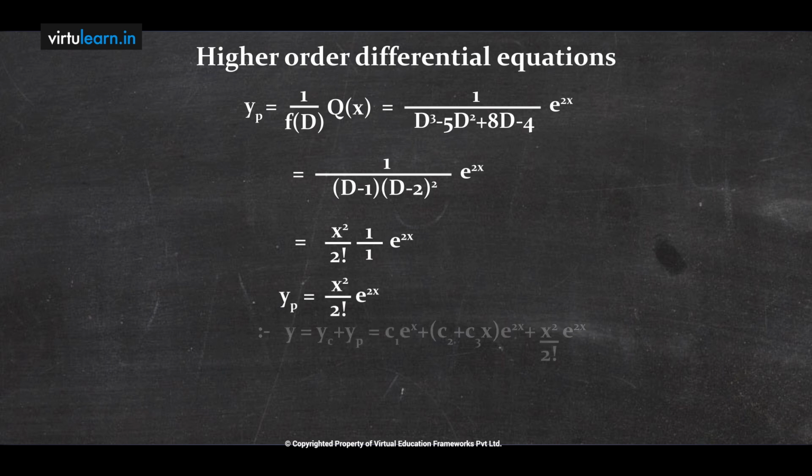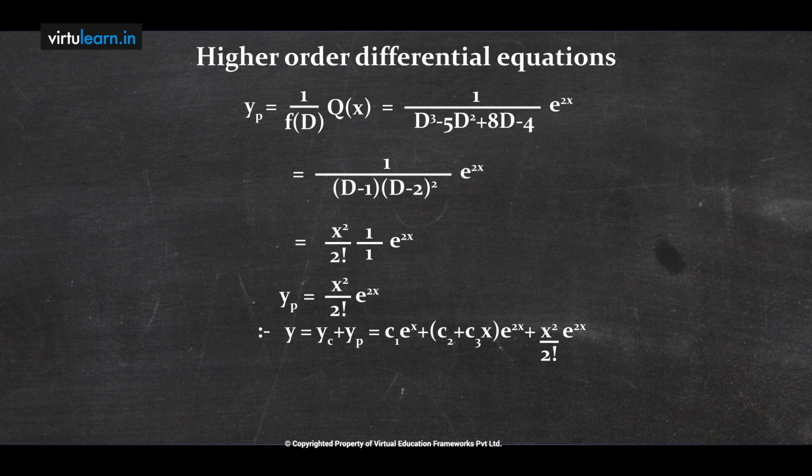Therefore, y equal to yc plus yp, complementary function plus particular integral. The answer is c1 e power x plus (c2 plus c3x) into e power 2x plus x square by 2 factorial into e power 2x. This is the general solution of the above differential equation.